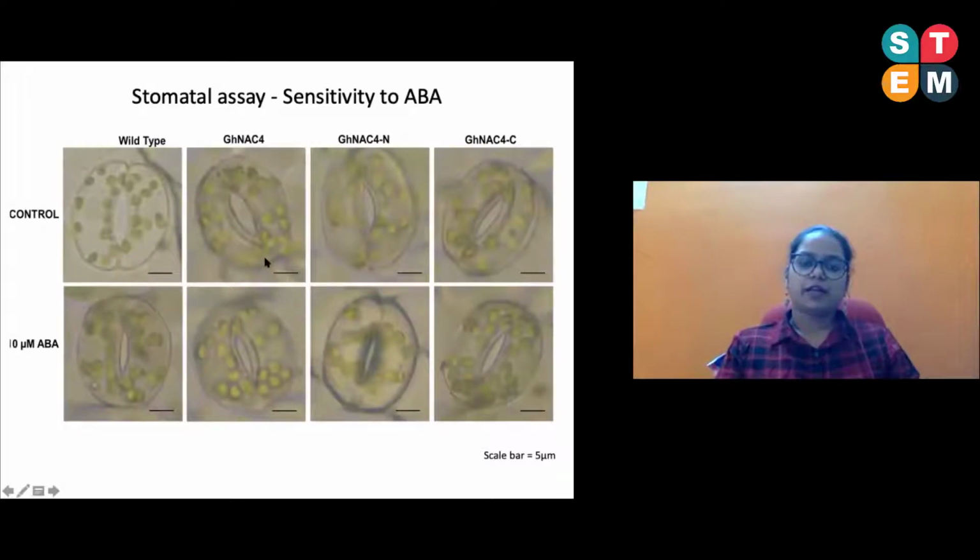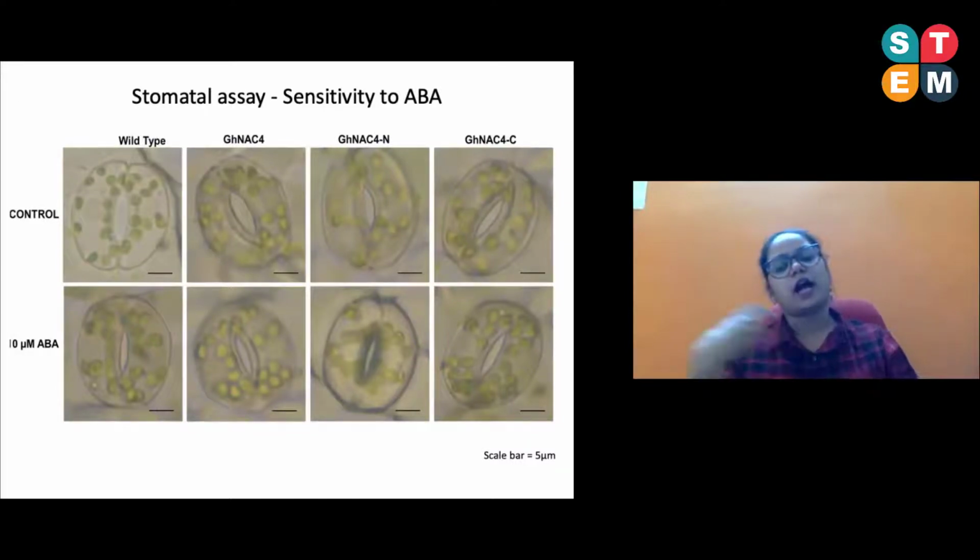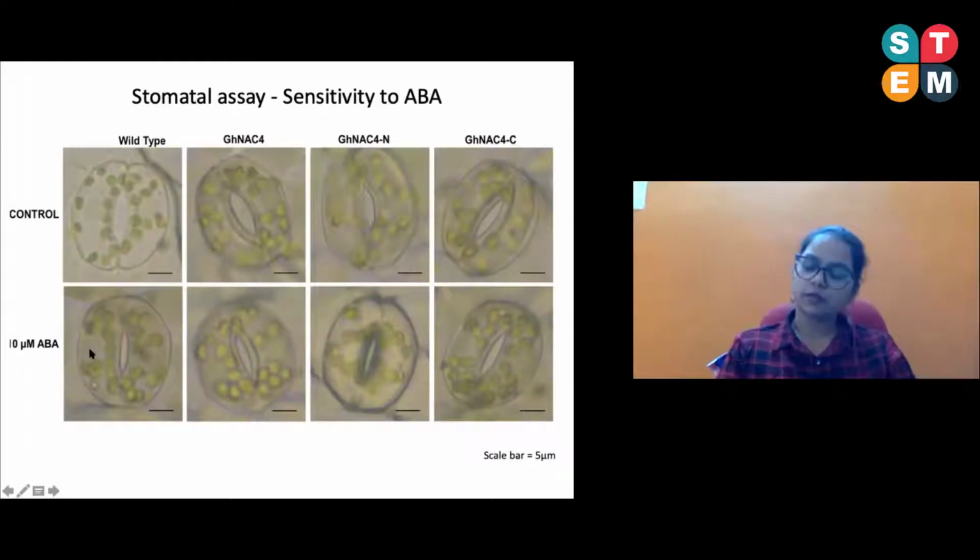Before we do that, we observed that under controlled conditions, the transgenics of both the N-terminal domain and the C-terminal domain had smaller aperture as compared to the wild type plants. And under ABA stress, all the plants showed stomatal closure, which was expected, but the N-terminal domain had a very small aperture, a higher percentage of closure as compared to the full-length protein, the C-terminal domain, and the wild type plant.